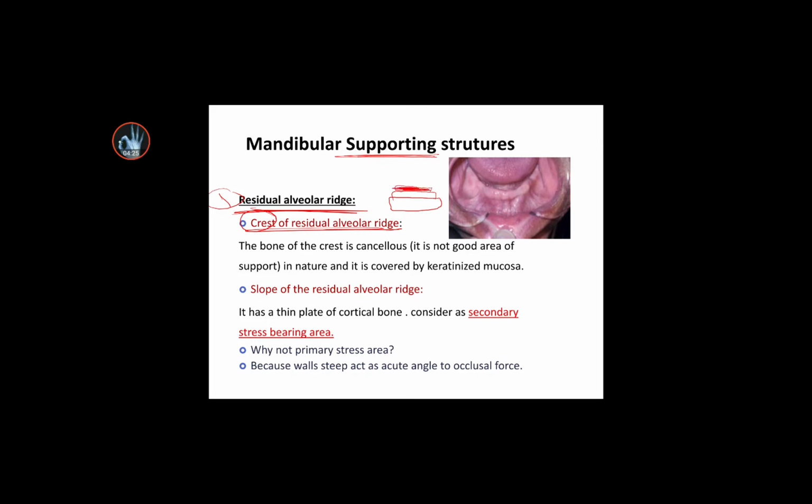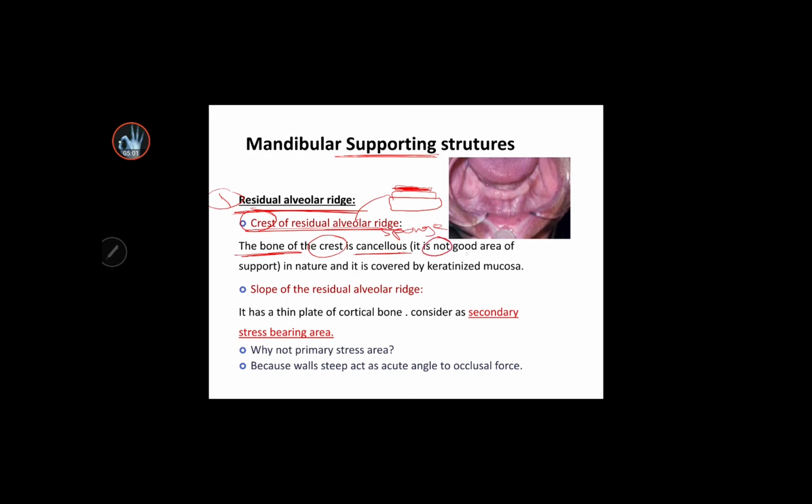Okay, this is a small explanation. يعني بشكل مبسط ال crest of the alveolar ridge هو الجزء البارز من ال residual alveolar ridge. The bone of the crest is cancellous. Cancellous means spongy. يكون في مسامات.